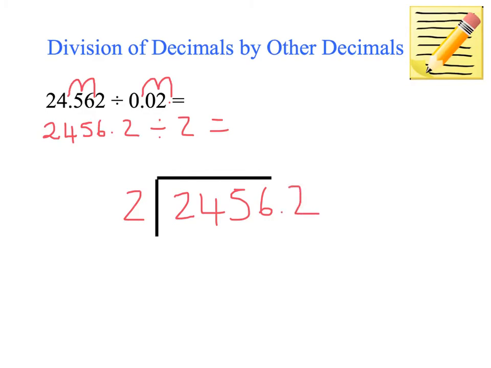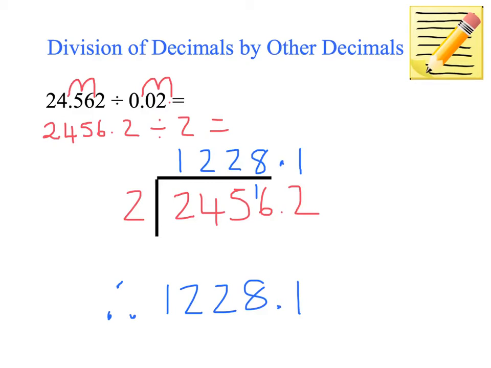I might do this in a different colour so we can see it clearly. 2 into 2 goes 1, 2 into 4 is 2, 2 into 5, 2 2s are 4 with 1 left over, 2 8s are 16, then remember we're putting the decimal place above it, 2 into 2 is 1. So therefore it is 1228.1. Alright, just in case you need to see that again.